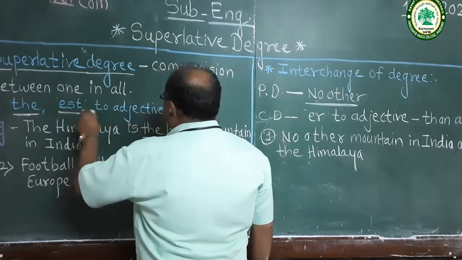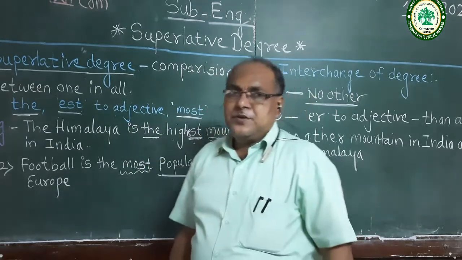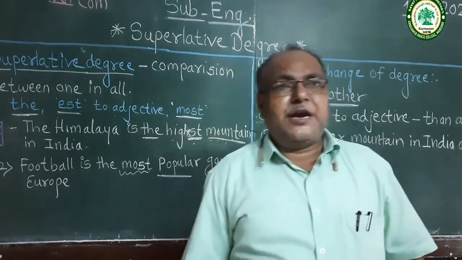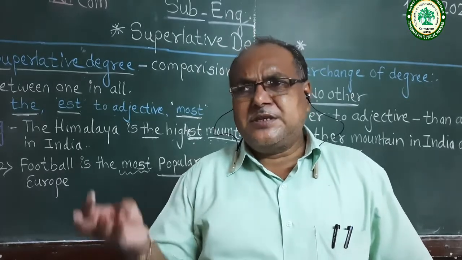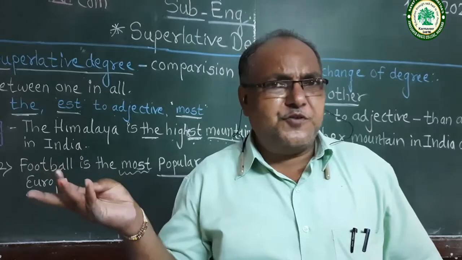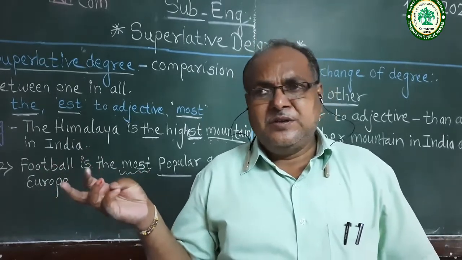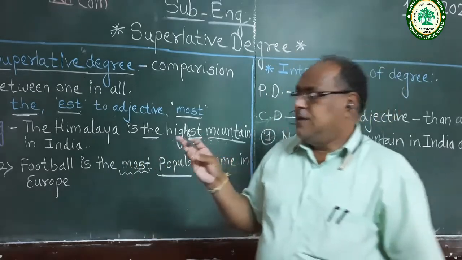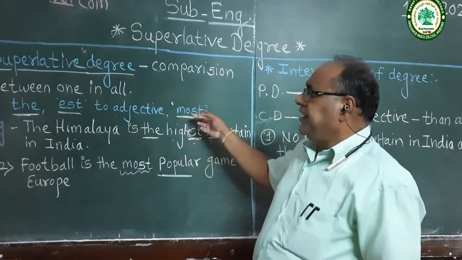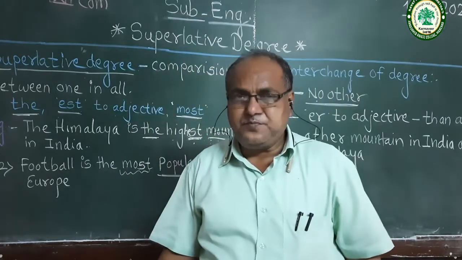There is est added to the adjective, or some exceptional adjectives use most before the adjective. In such rare cases we use the most before the adjective, most beautiful, most difficult. In this way, we can identify that the given sentence is in superlative degree form.